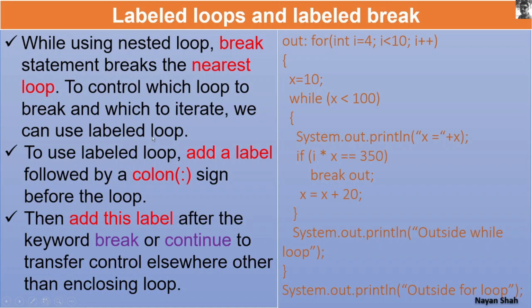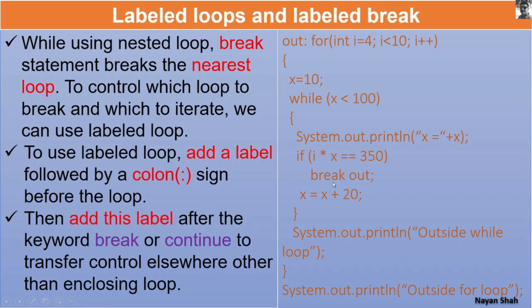And how to create a labeled loop? To use a labeled loop, add a label followed by a colon before the loop, as is done here. For the label, you can write any name you want, but it should be a single word. Here I have written out and colon. Then add this label after the keyword break or continue to transfer control elsewhere other than the enclosing loop.